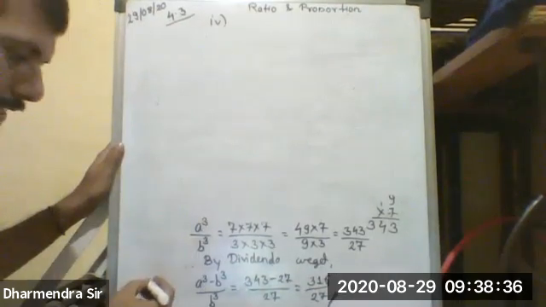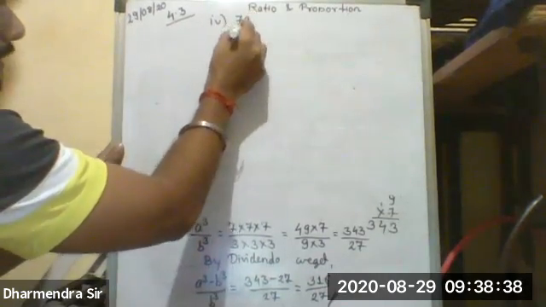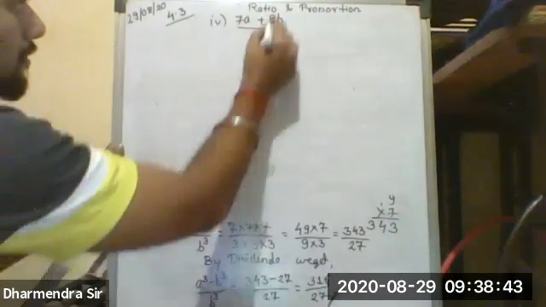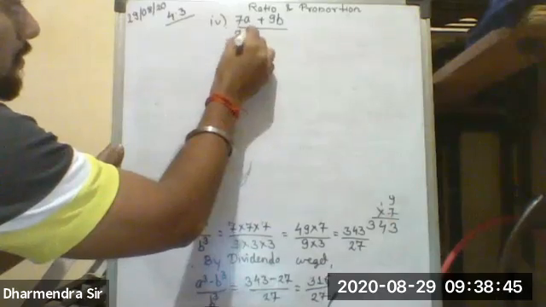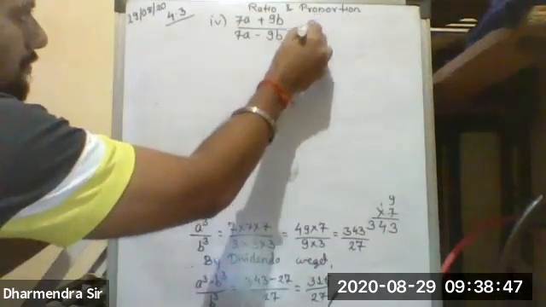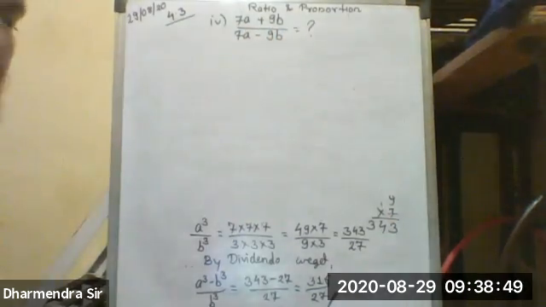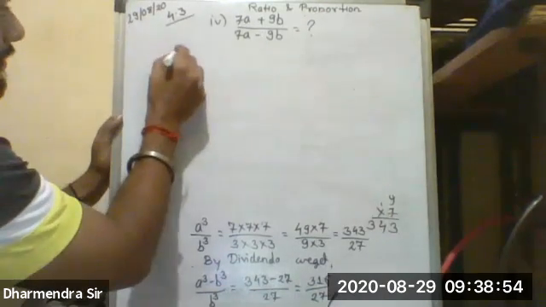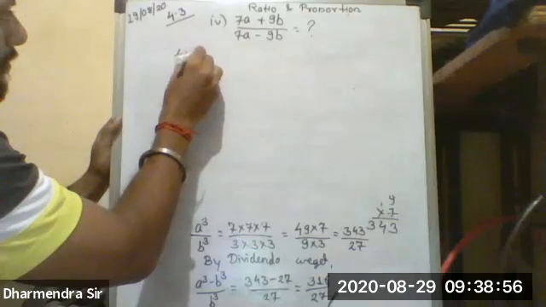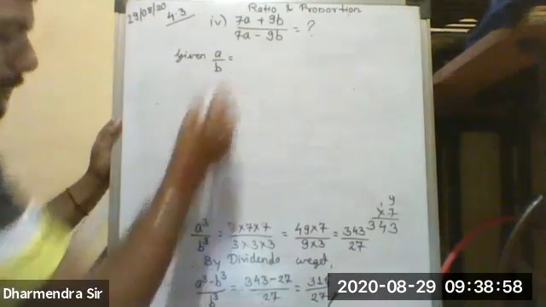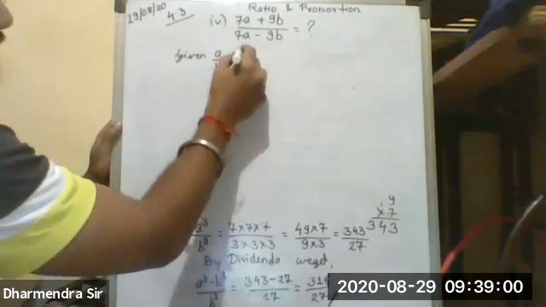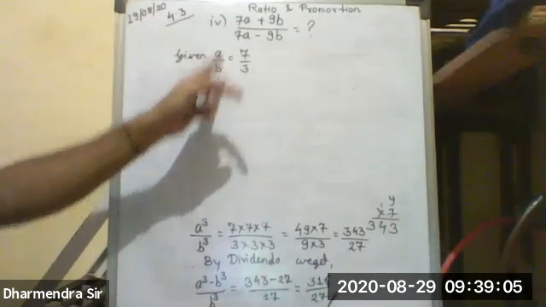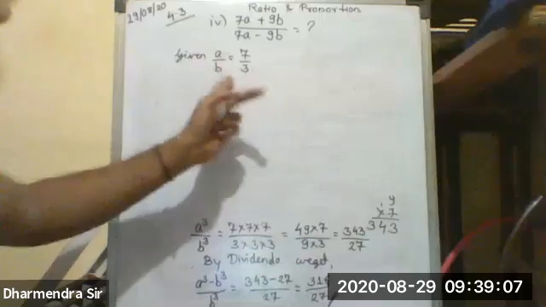The fourth sub question says find (7a + 9b) upon (7a − 9b). So how to get this? Since given that, very simple, a by b equal to 7 by 3. As we know that we don't require a and b. We require 7 times a and 9 times b.